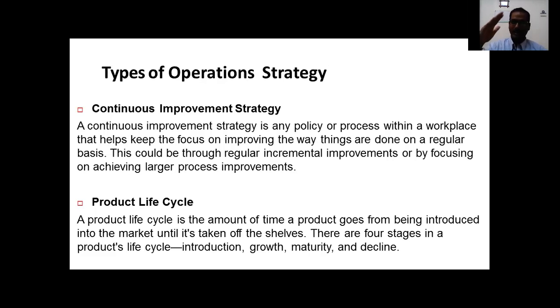After some time, the demand for the product may go down, and it will start to decline. At the time of decline, they remove it, add some changes and reintroduce it, or they innovate a new product or a new feature and then reintroduce it. We will see this in the next slide.